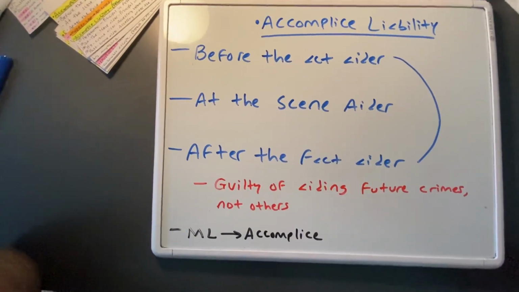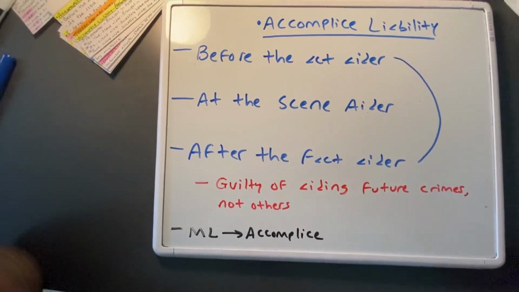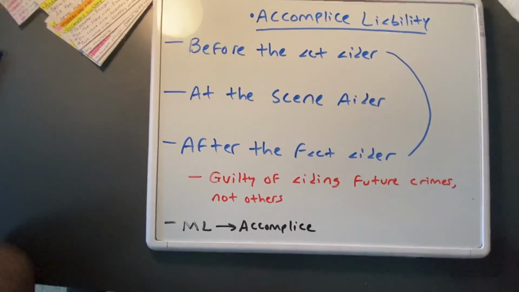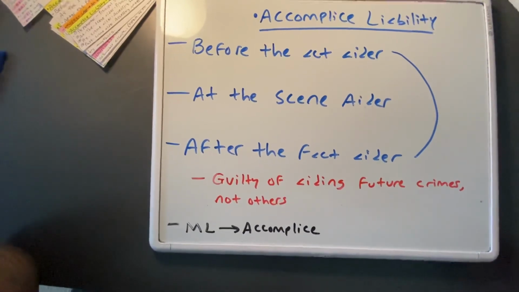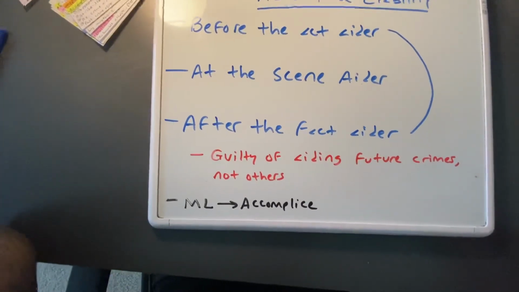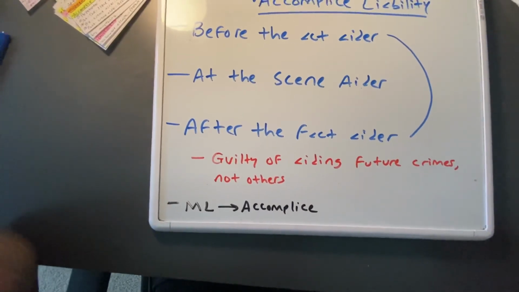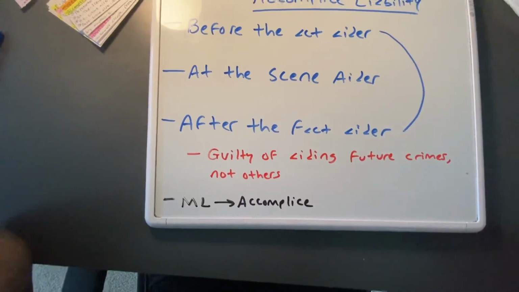At the scene aiders is when those three cops helped Chauvin commit the crime at the scene when Chauvin was actually committing the crime itself. After the fact is when I helped Kevin, after Kevin committed the homicide of Susie, to stay in my home to get away from law enforcement.